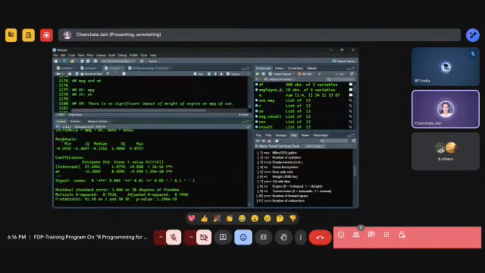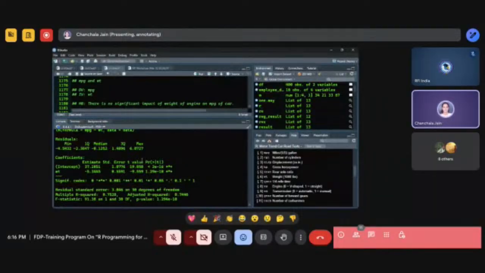Firstly, for the residuals, the minimum residual value is minus 4.5432. The first quartile value of the residual is minus 2.3647. The median value of the residual is minus 0.1252. The third quartile of the residual value is 1.4096, and the maximum residual value is 6.8727.